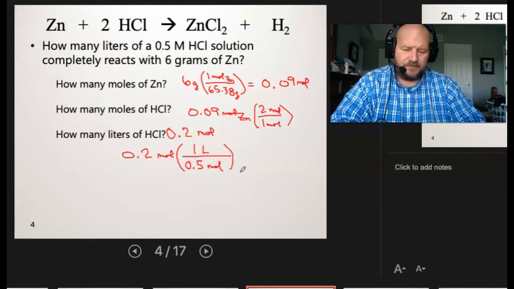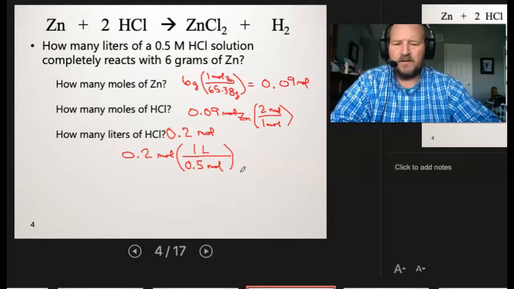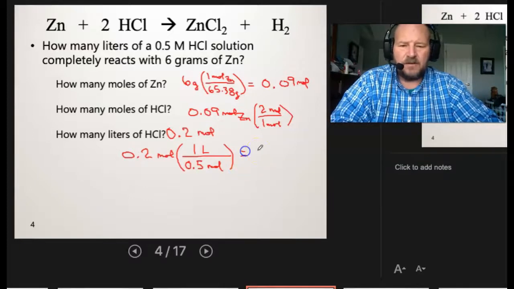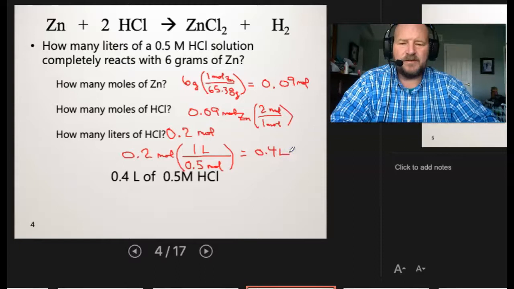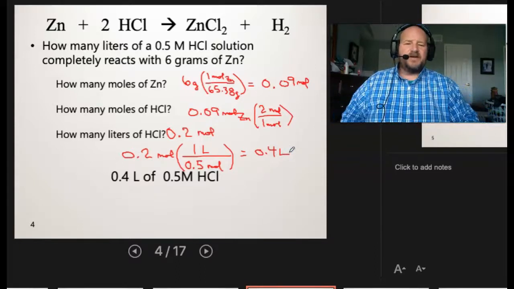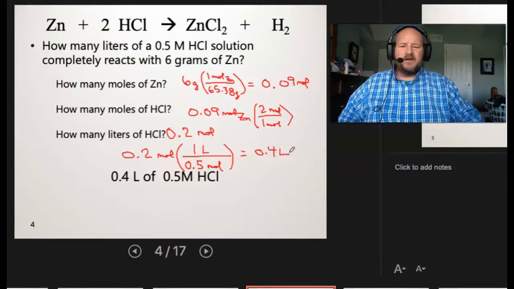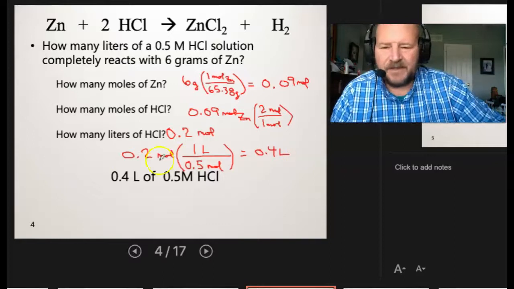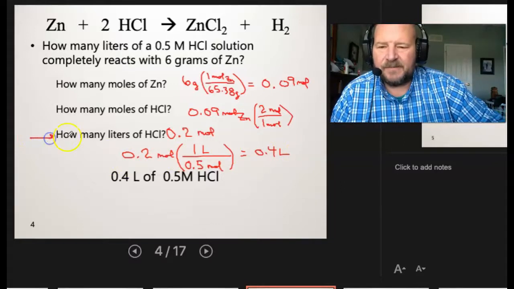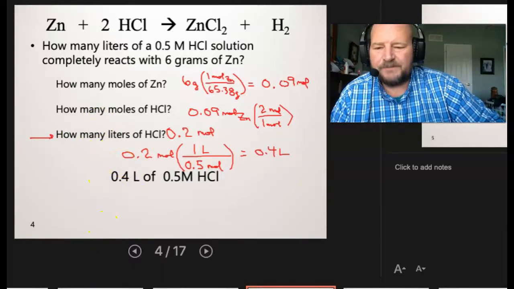So 0.2 divided by 0.5 gives me 0.4 liters. And so that's going to be 0.4 liters of 0.5 molar HCl. So again, our only step that's really going to be different here is that last step, or even that first step, if it's going to be in solution.